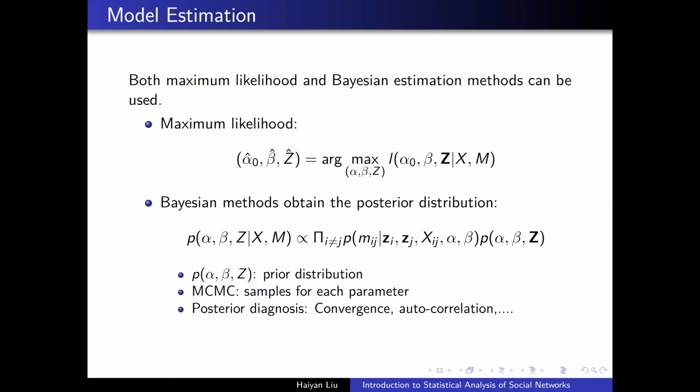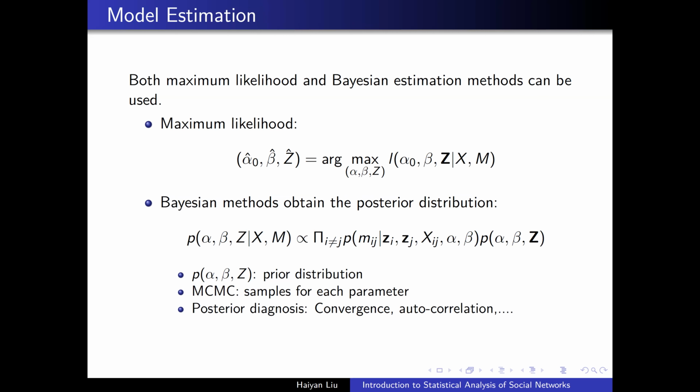Now, to estimate this model, we could use either maximum likelihood or Bayesian estimation methods. This actually has an implementation in our package, ERGMM. With maximum likelihood, we would like to find a set of model parameter estimates, alpha hat, beta hat, and also latent position estimates, which maximize the log likelihood.